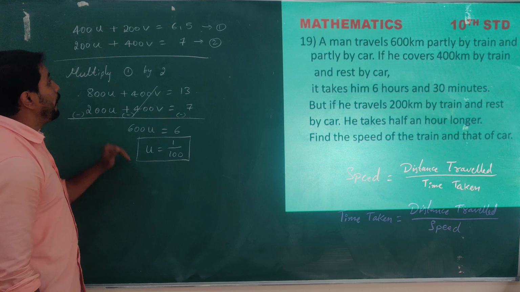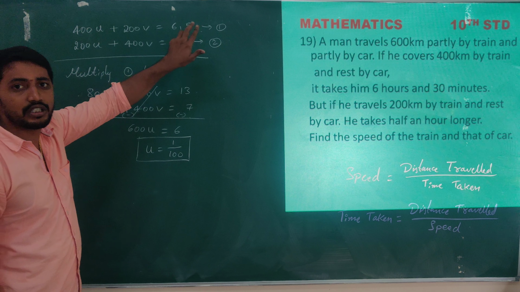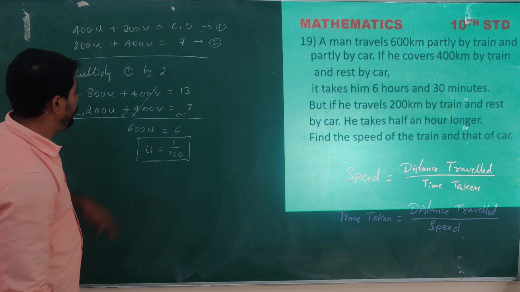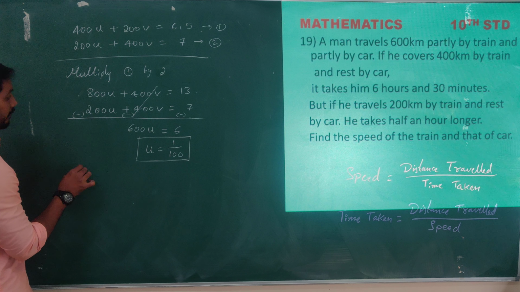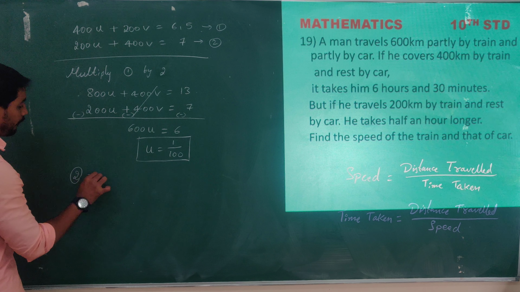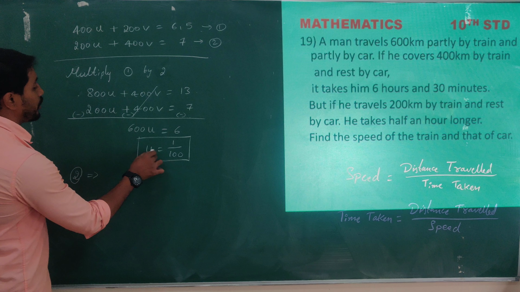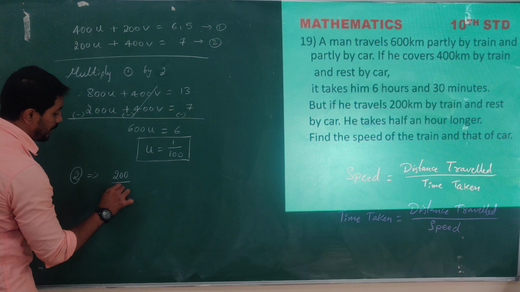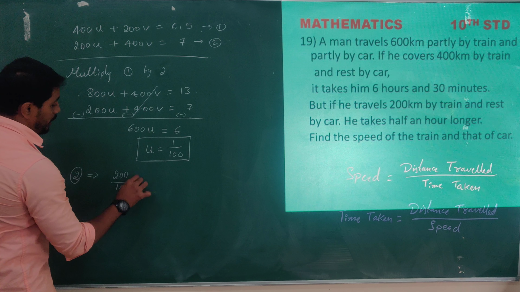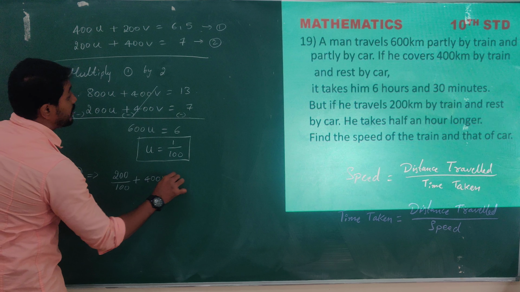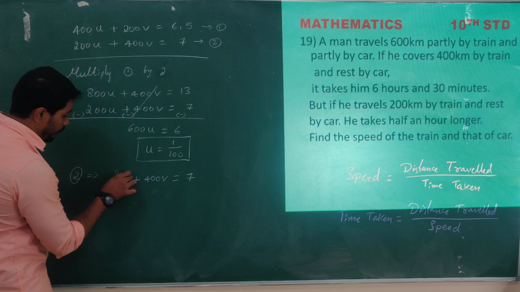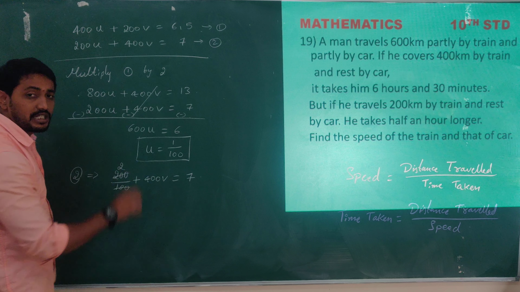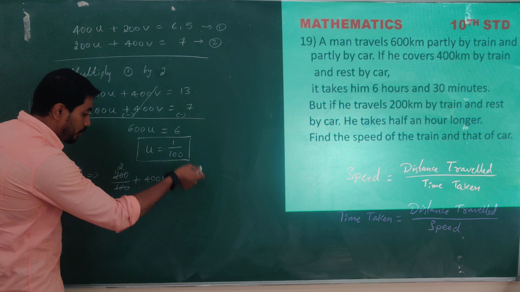Now substitute the u value in any one of these two equations to obtain the value of v. Let us make use of equation 2 to find the value of v. So I am substituting the u value as 1 by 100 over here. That is nothing but 200 divided by 100 plus 400v, which is equal to 7. 200 divided by 100 is 2. Bring this 2 to the right side.